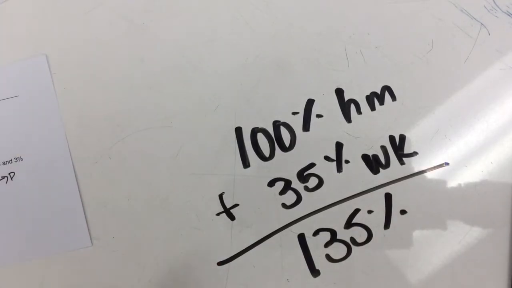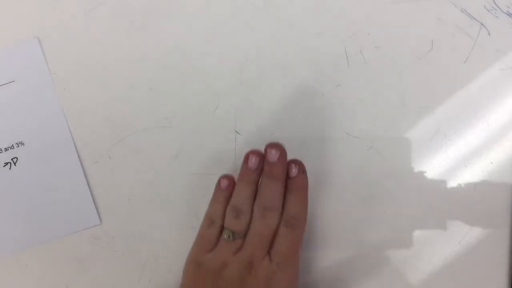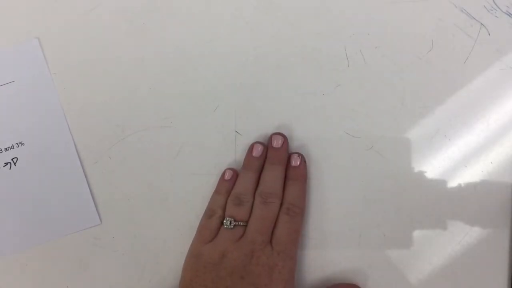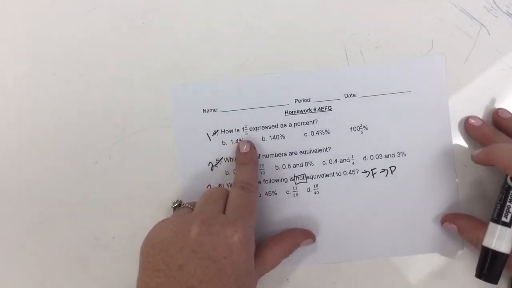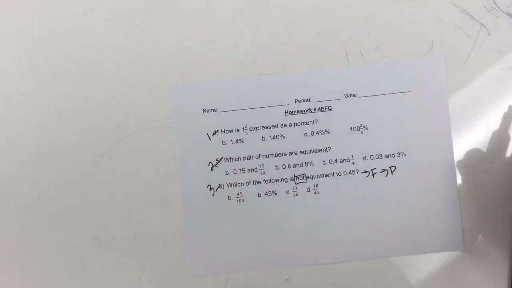That's not the greatest example, but it just shows you that you can have more than 100%, so there is more than just one whole of something. So that's just a little hint on number 1: you are going to have more than 100% on that one most likely.